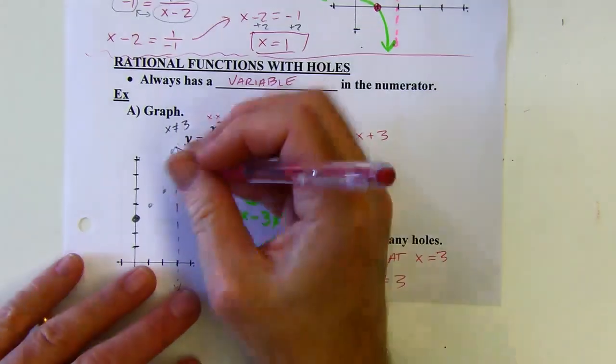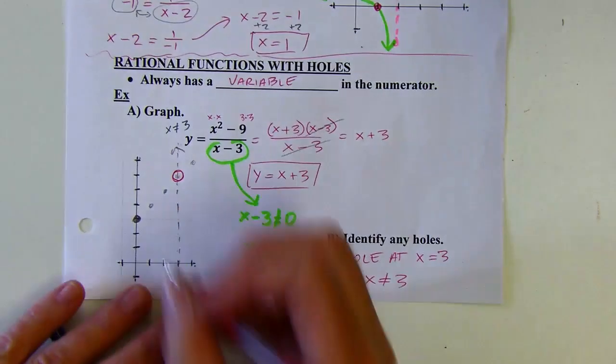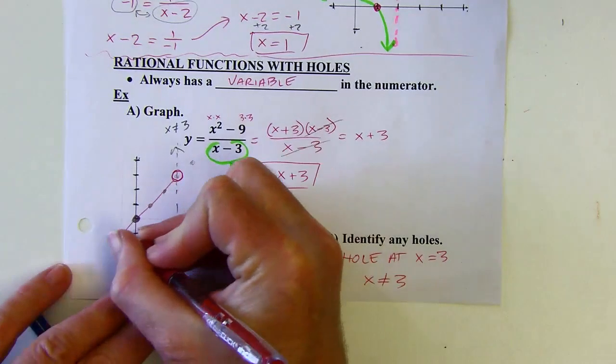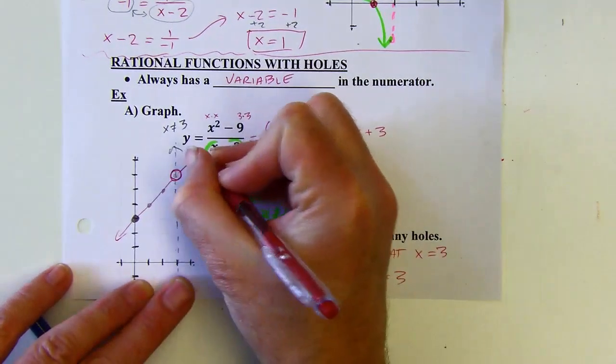So I'm going to graph this line, but I'm going to put a gap right there when x equals 3, and then I just draw in the rest of the line. Don't stop right there, because it can continue on the other side of that hole.